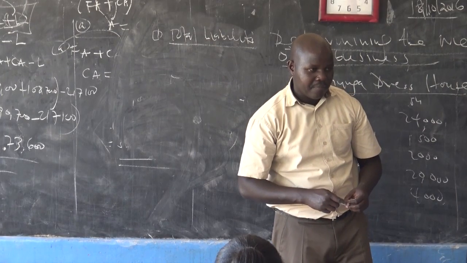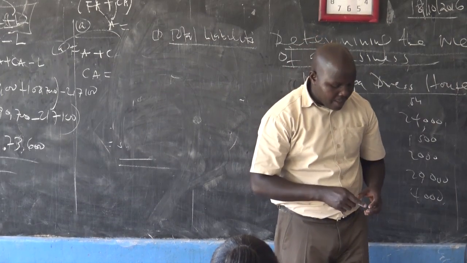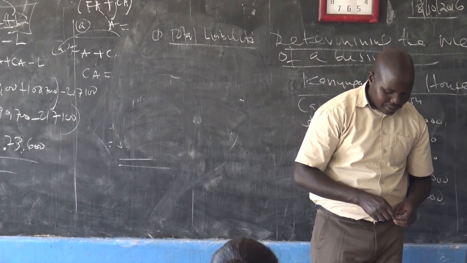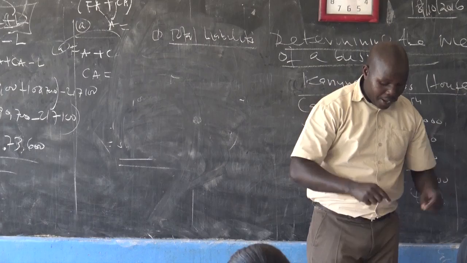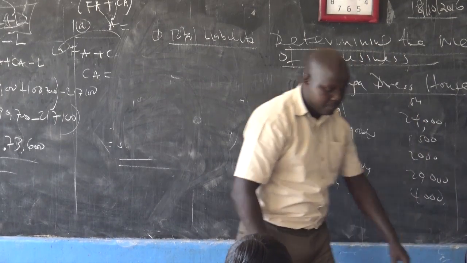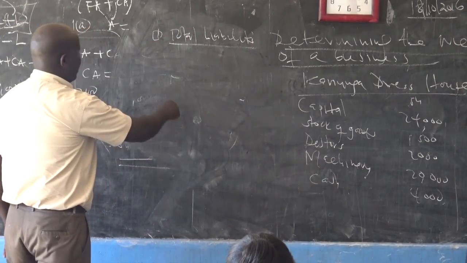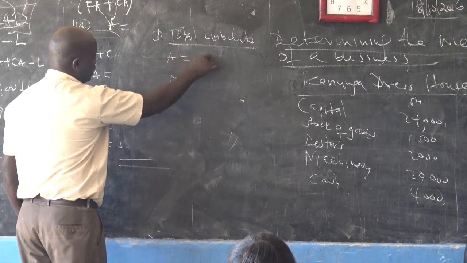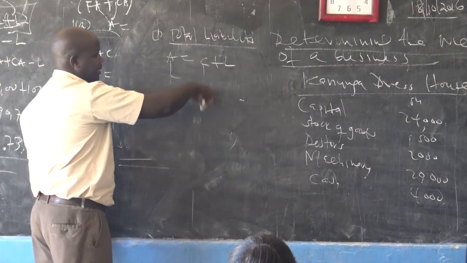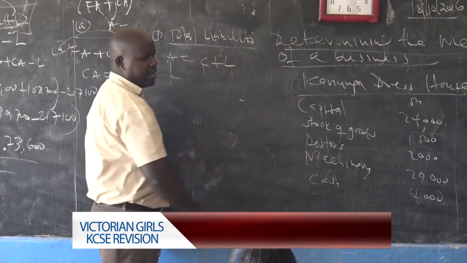Here, the balance sheet equation applies. As always, A is equal to C plus L, where A is assets, C is capital, and L is liability.